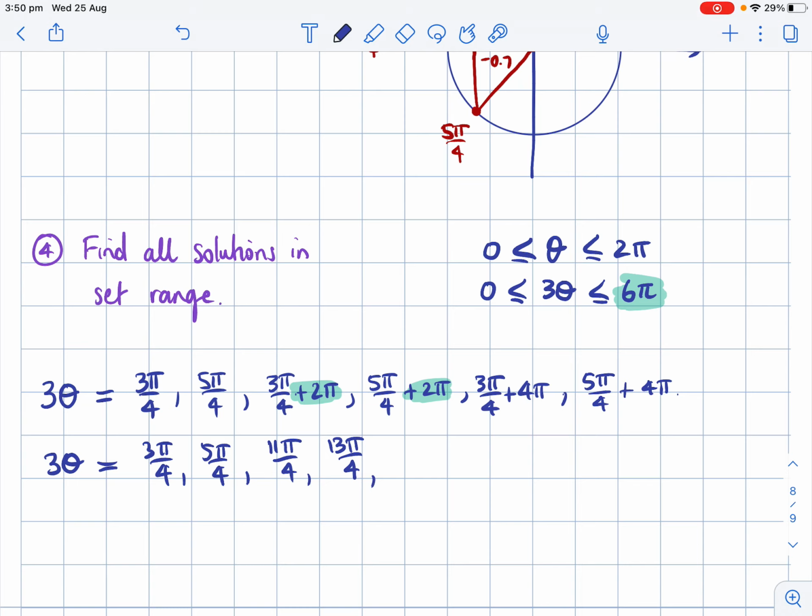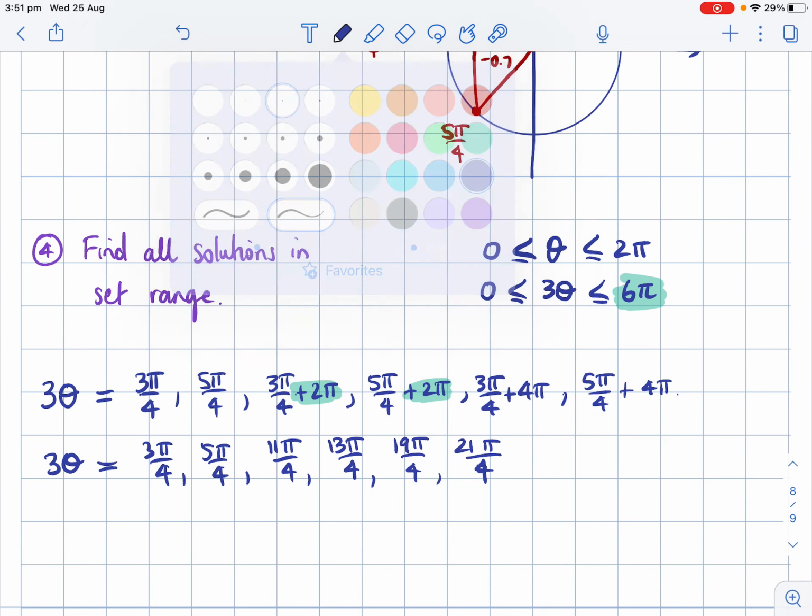And then you can actually just work out the pattern as well. 4 pi is the same as 16 pi on 4. 3 pi on 4 plus 16 pi on 4 is 19 pi on 4. 5 pi on 4 plus 16 pi on 4 is 21 pi on 4.